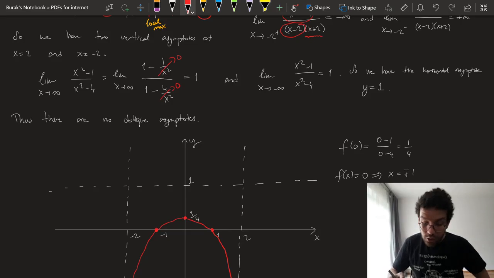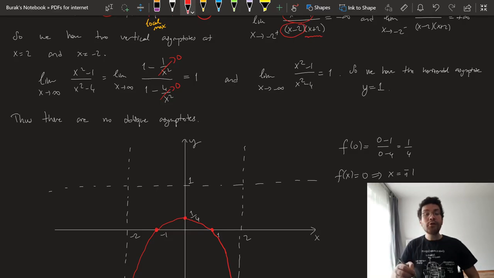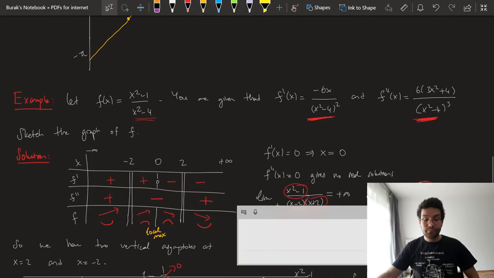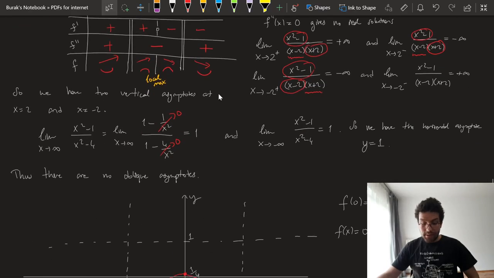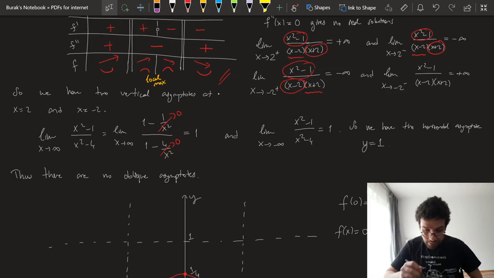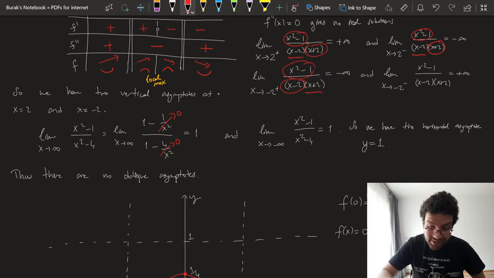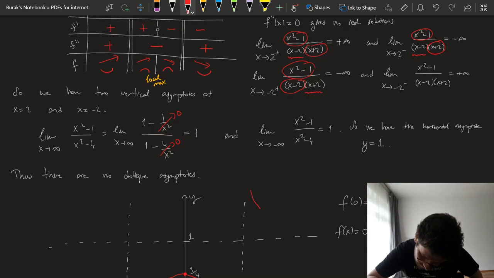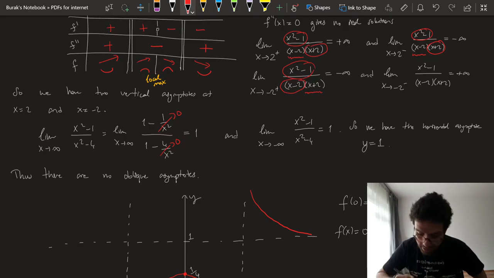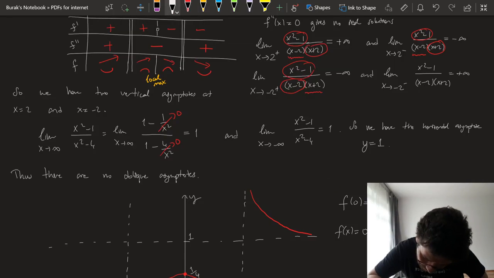This function, on the interval to infinity, is decreasing in a concave up way, and its limit is 1. So it has to look like this. And its limit at 2 from the right is positive infinity, okay?